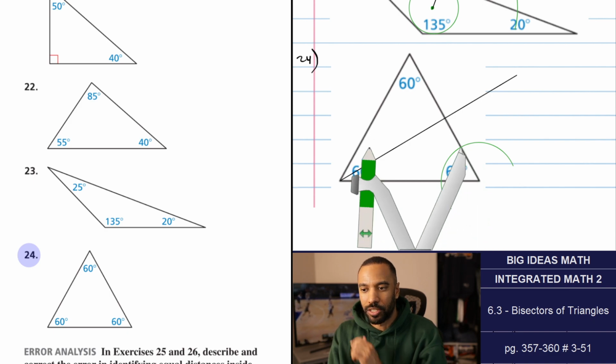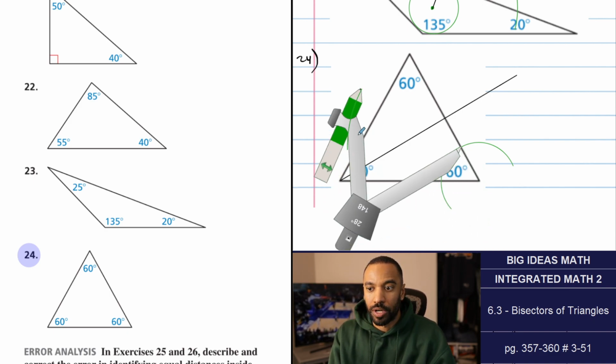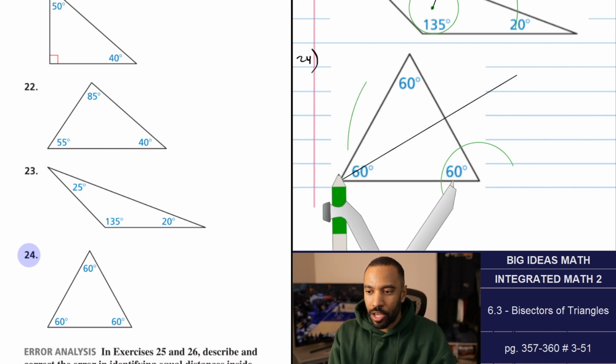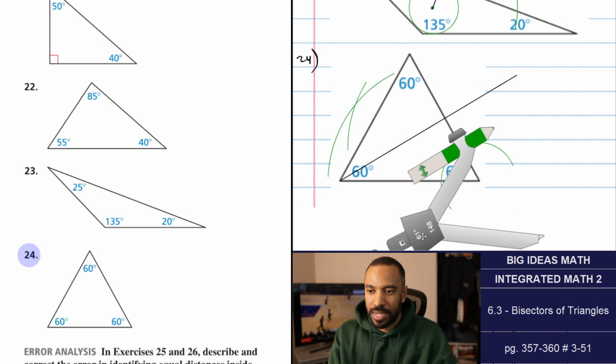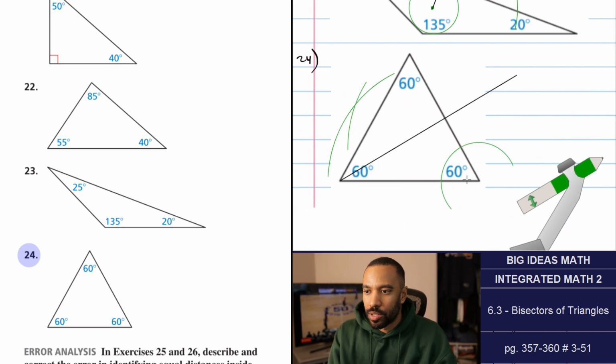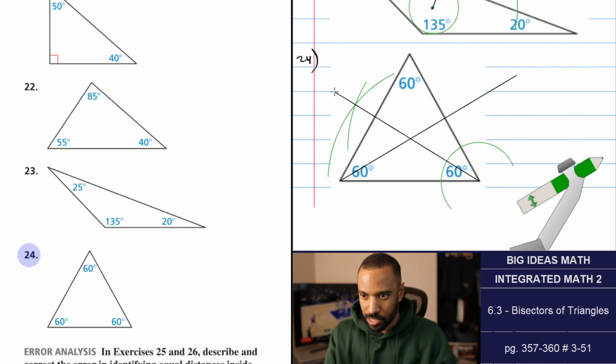But we are technically doing the in-center because we're drawing the angle bisectors. We're constructing them through angle bisector construction. So I didn't do perpendicular bisectors or anything like that. So here's the second guy. Now, if I did do this accurately, let's see how close we actually are to a proper in-center / circumcenter.